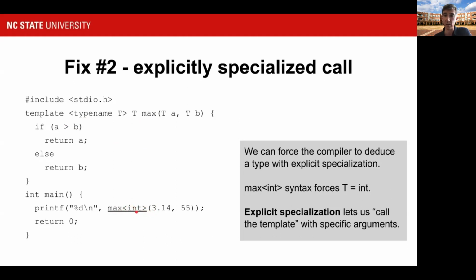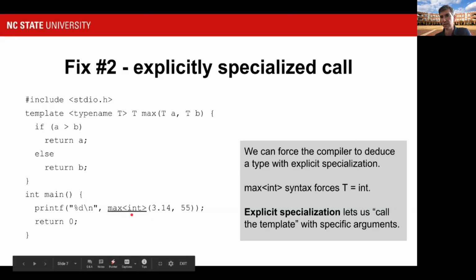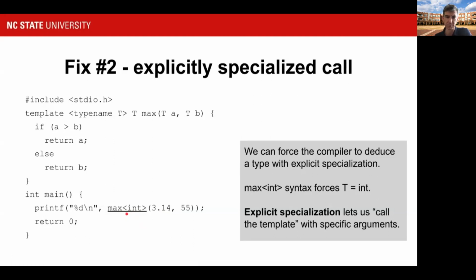And then the compiler knows, oh, T equals int, and then it will force a cast on this double value to integer, and it will generate the function assuming integer types. This is called explicit specialization, because rather than letting the compiler choose the specialization, the programmer is forcing the specialization to be int. So this is another way we can deal with this problem of the compiler not knowing what to do. We can force it and tell it exactly what to do. Give it the specialized type up front.